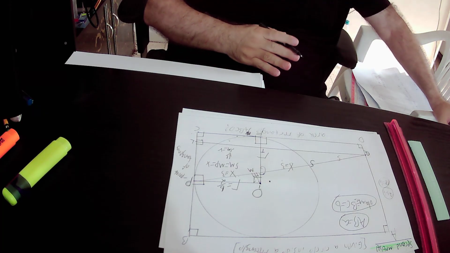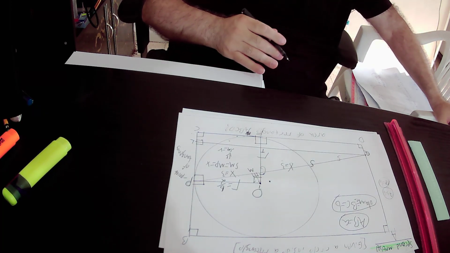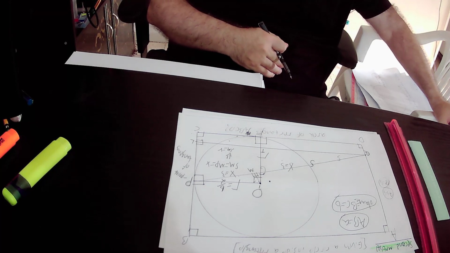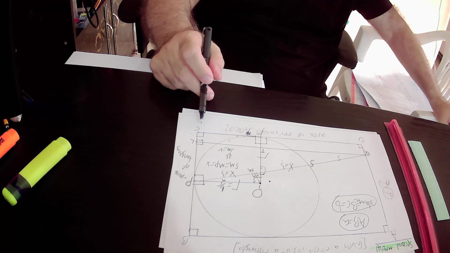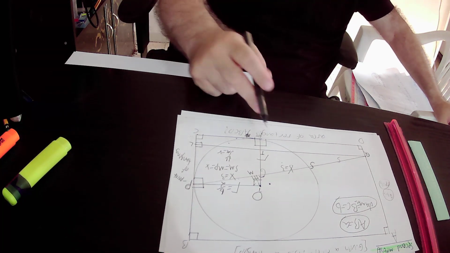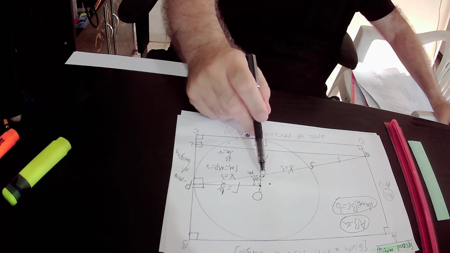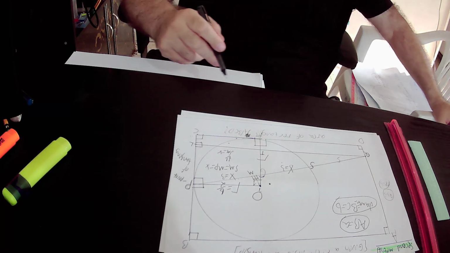Actually, by drawing this perpendicular, we created here quadrilateral QPTL. Inside quadrilateral QPTL, we have 1, 2, 3 right angles.